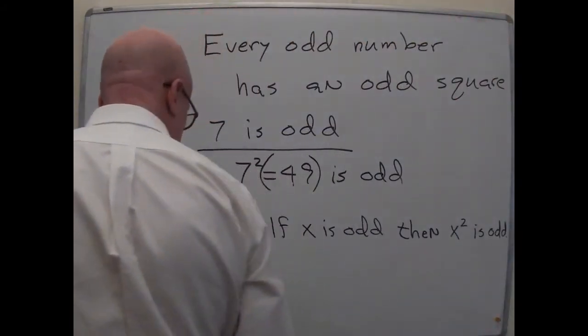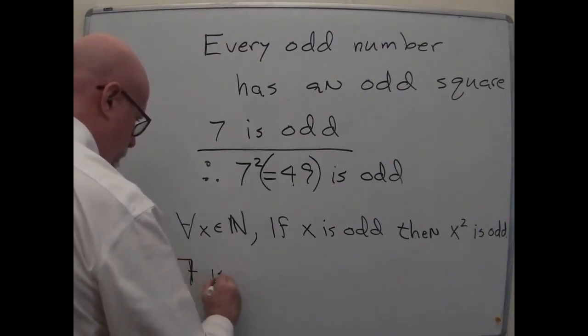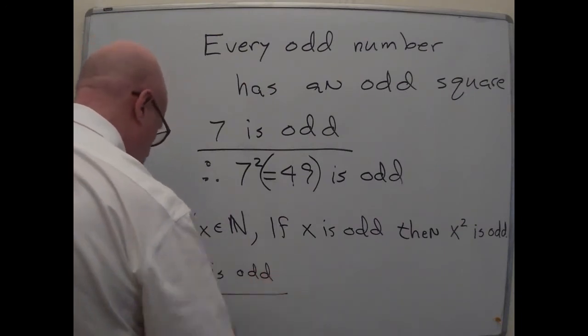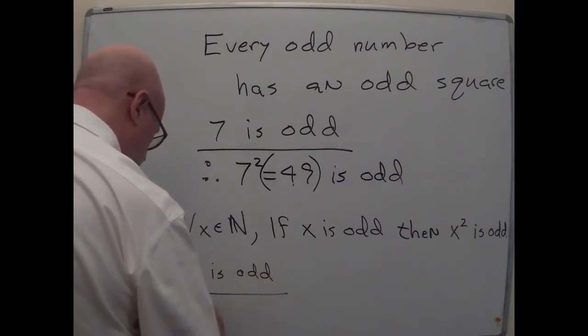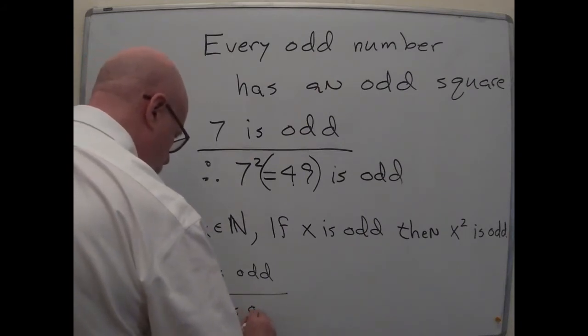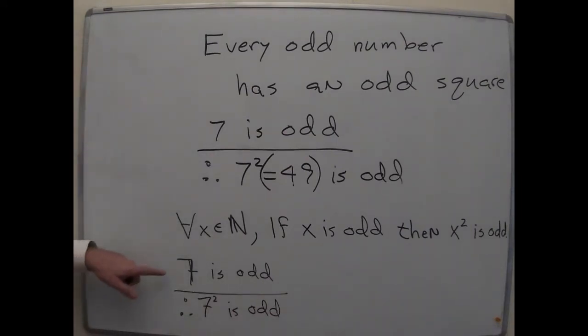Then we've got 7 is odd. And we conclude 7 squared is odd. These didn't really change. And that's nice because that lets you spot what the predicates are, what are the variables.